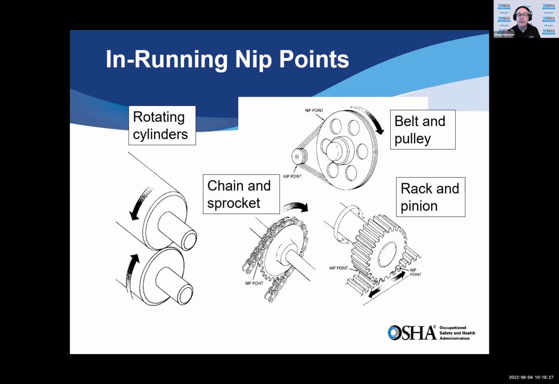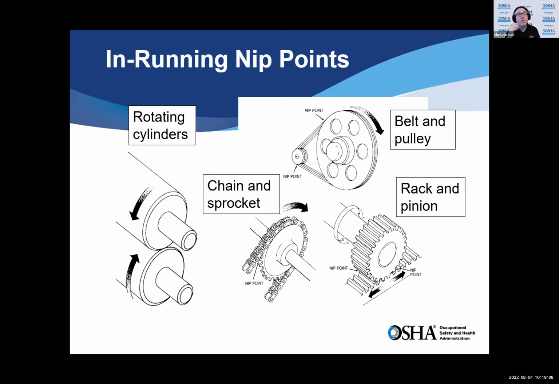Going to the next one with the chain and sprocket, again, it's a rotating piece of equipment. Depending upon the direction of that rotation, as you can see at the bottom, it says nip point. Nip point means that's the part that's going to grab or pull you into it. The end where it's coming off is not necessarily as dangerous, but I mention that because if this particular machine goes clockwise, what if it can also be reversed and go counterclockwise at some point?